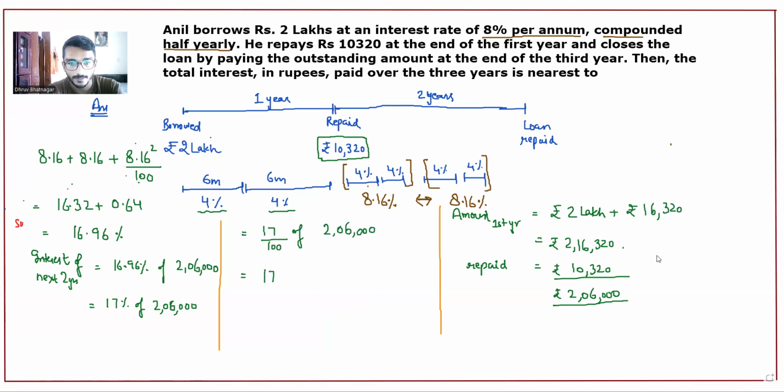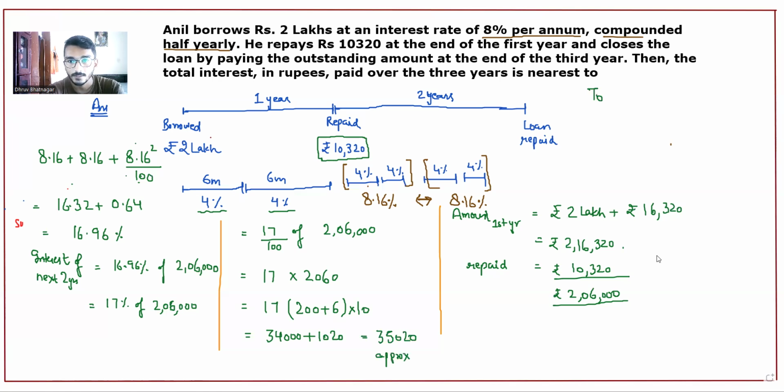The zeros are getting cancelled. It is 17 times 2060. I'll just break it: 2000 plus 60. It is 34,000 plus 1020, and this would give me 35,020.